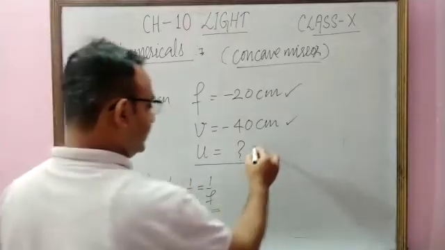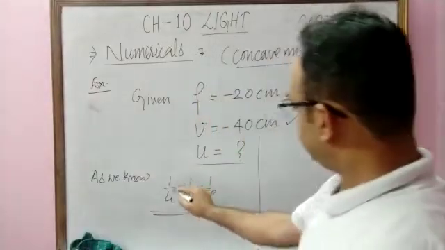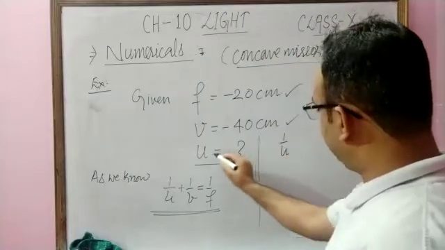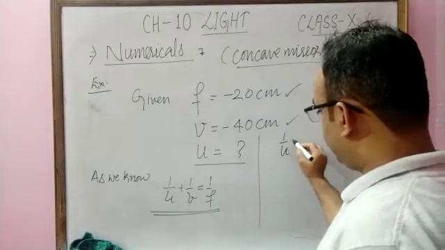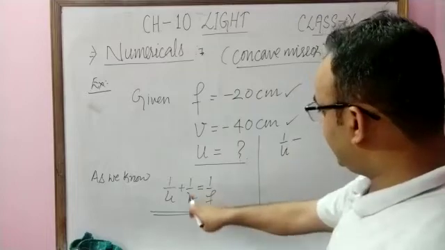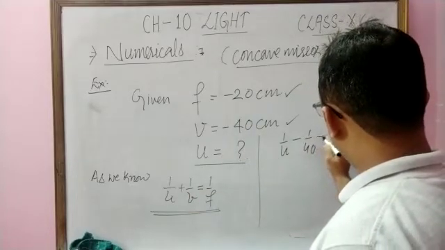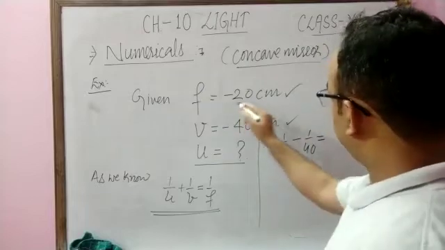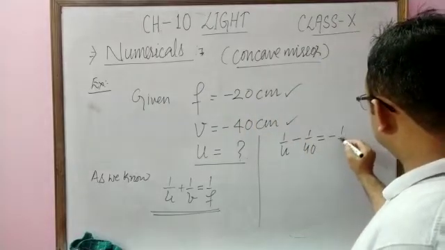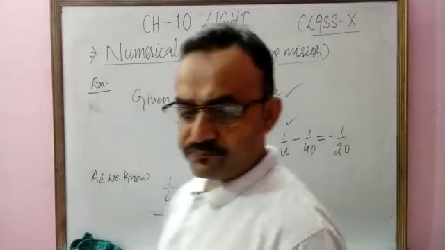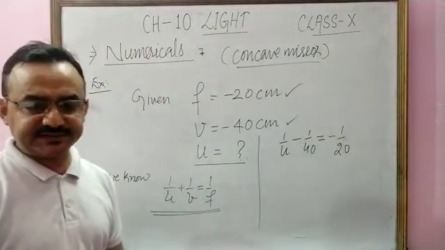Okay, by putting the values here, we have to find 1 upon U, we don't know the value of U, plus 1 upon V, which is minus 1 upon 40, is equal to 1 upon F, minus 1 upon 20. Is it clear?